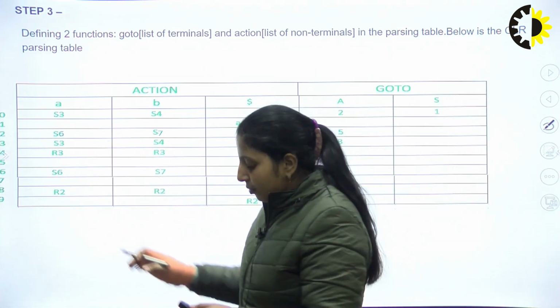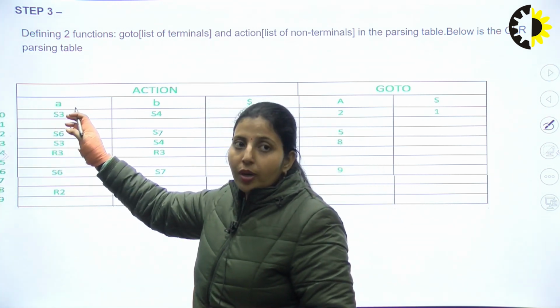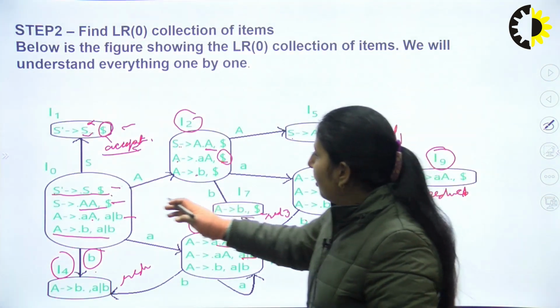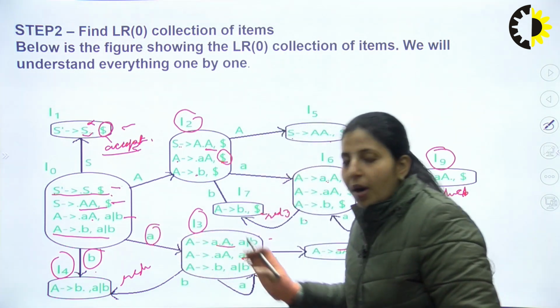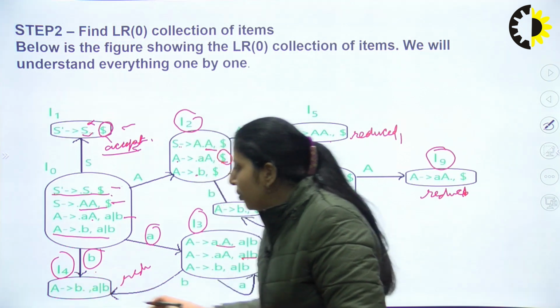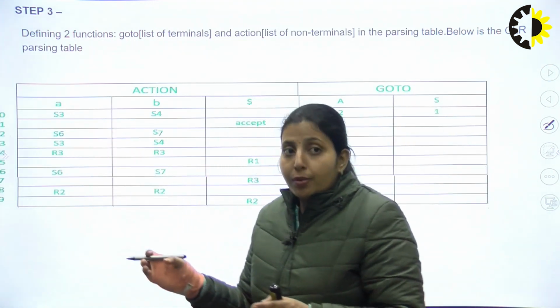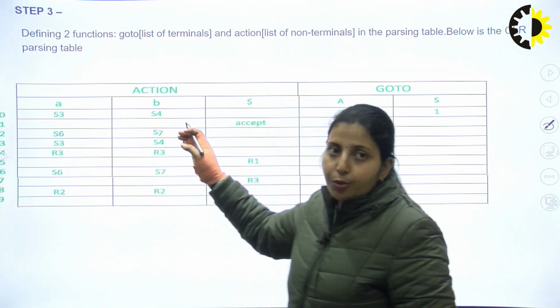So on item I0, by taking small a, we are reaching I3. On B, we are reaching I4. So here we have shift, meaning the action we have to perform is shift S3, shift S4.